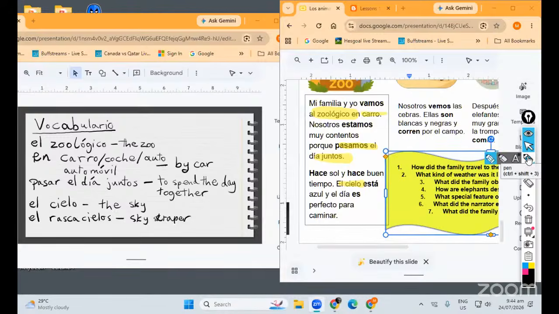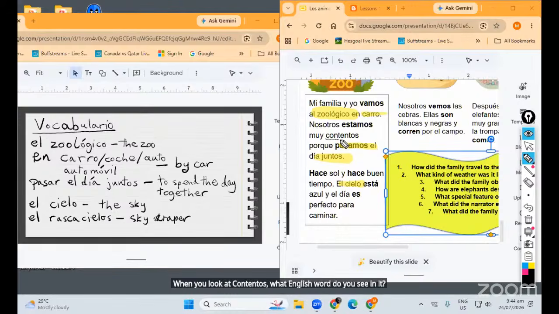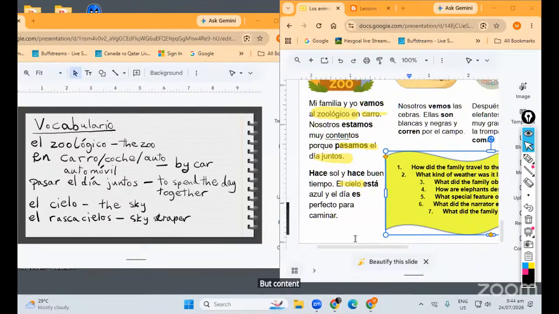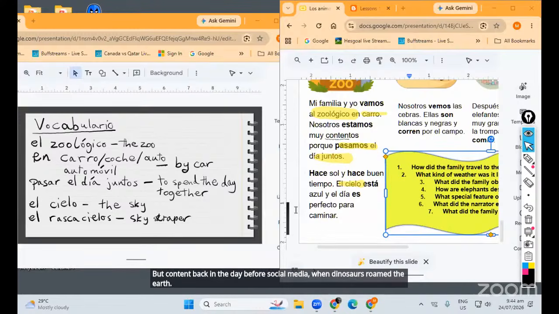When you look at contentos, what English word do you see in it? You see content, but maybe nowadays when people think content, they think TikTok and Instagram. But content, back in the day, before social media, when dinosaurs roamed the earth, had a different meaning. It meant I have everything I need.